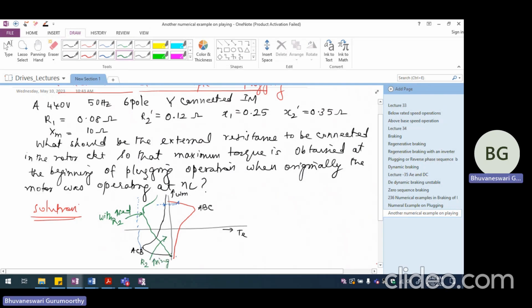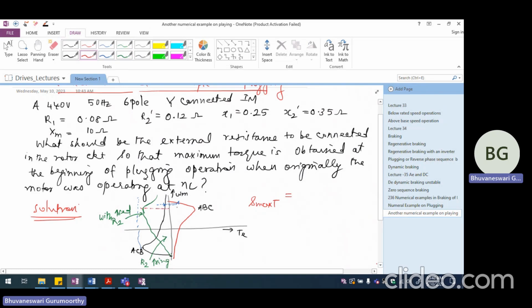When R2 is increased, the droop is going to increase further and further, and we are looking at this with ACB phase sequence. Okay, so I have to write the expression for S max T, and S max T in this particular case has to be close to 2.